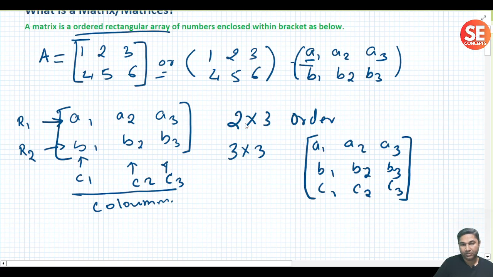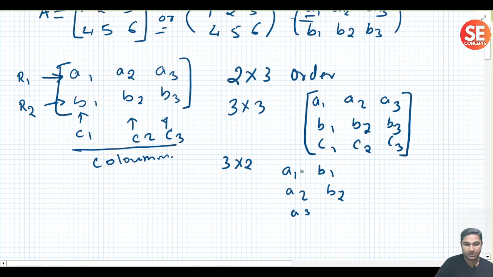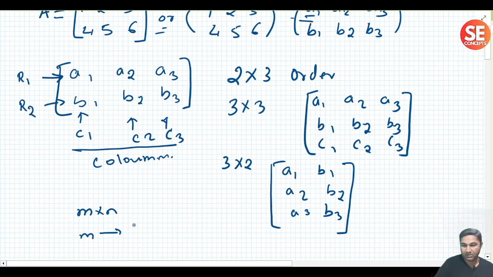If you write the same matrix as 3 cross 2, it becomes A1, B1, A2, B2, A3 and B3. Generally we write it as M into N, where M stands for row, N stands for column.